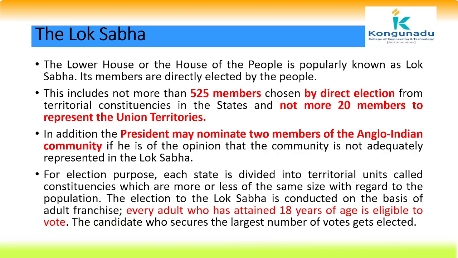If they don't answer, then the bill will pass to the President without the permission of the Rajya Sabha. This shows the Lok Sabha's power in making laws. After the President approves, it becomes a law.